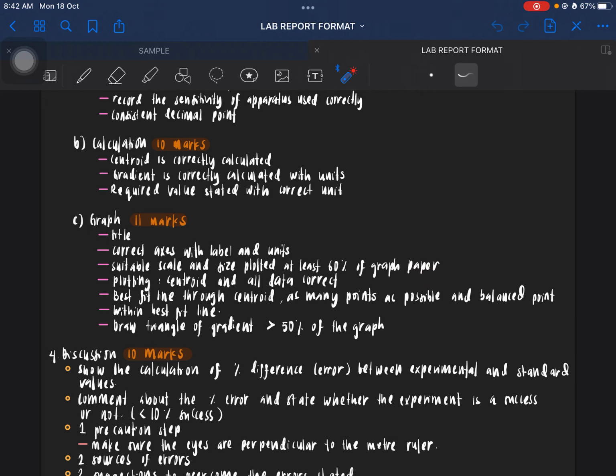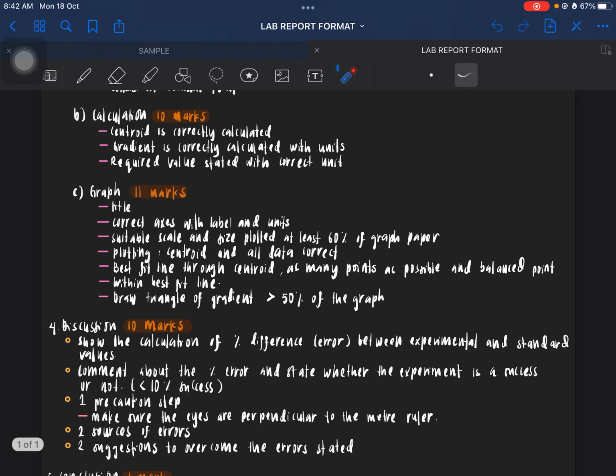Next, the best fit line has to go through the centroid and as many points as possible, and it should be balanced. You should also draw the gradient triangle on more than 50% of the graph. Don't draw it so small. It should be more than 50%.